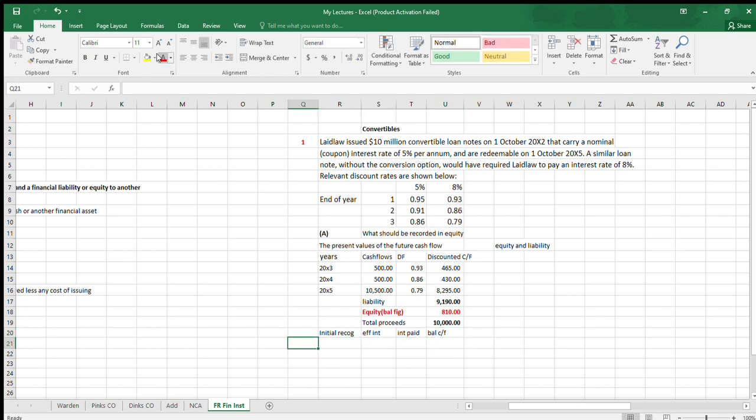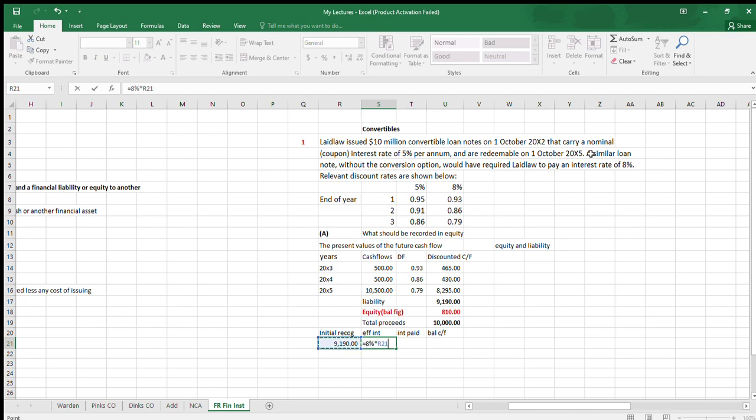Your initial recognition of the liability is this. This equity, you have no business with that, you are done. So your liability, the initial recognition, is this. Effective interest rate, they gave it to us in our question, 8%.